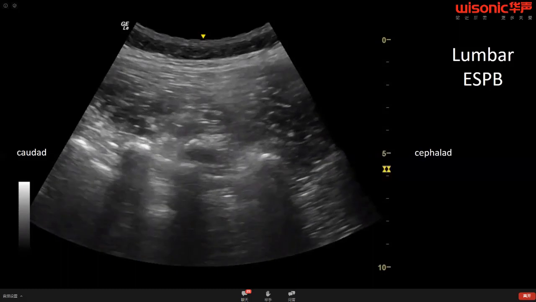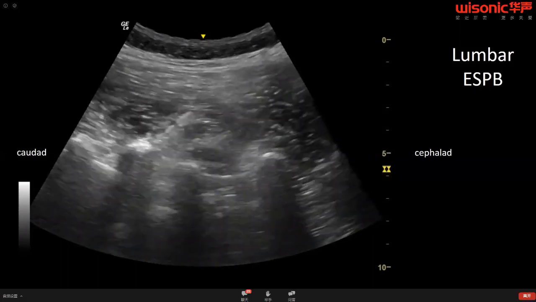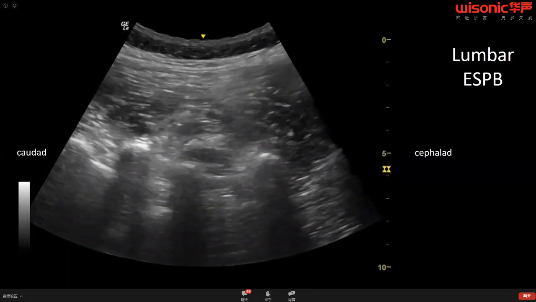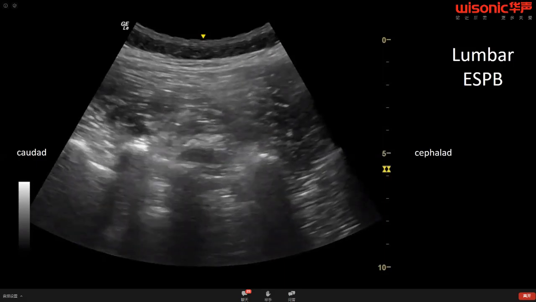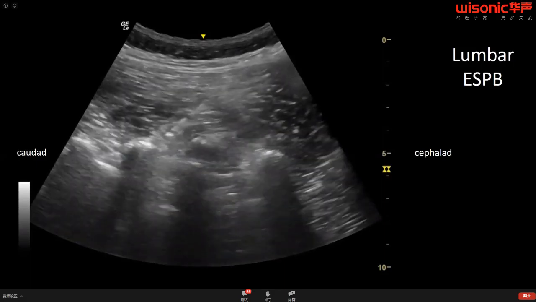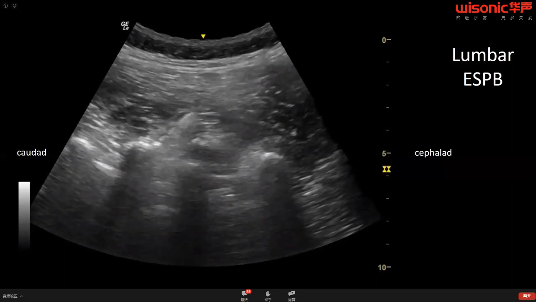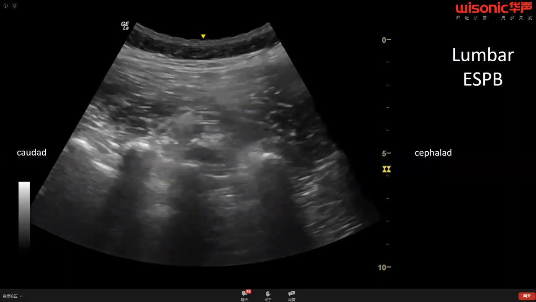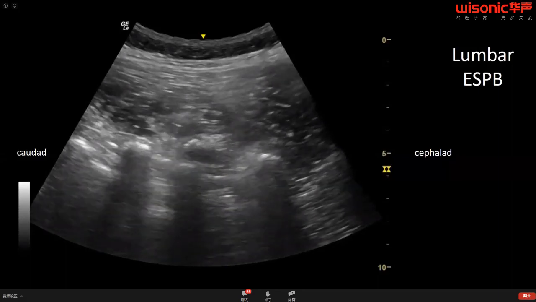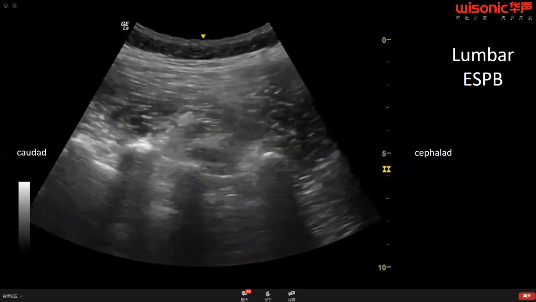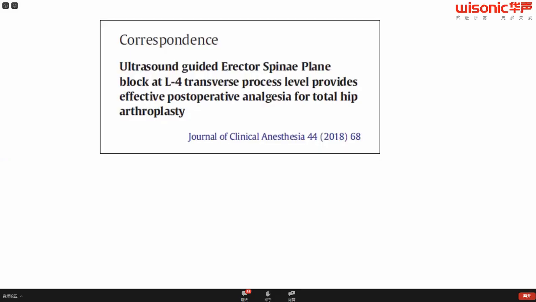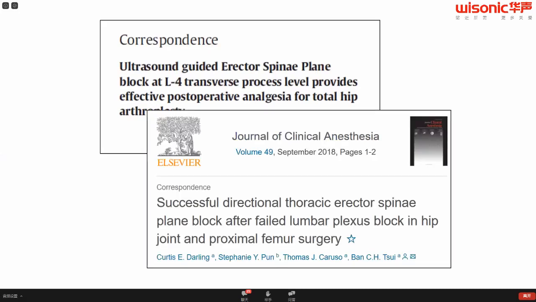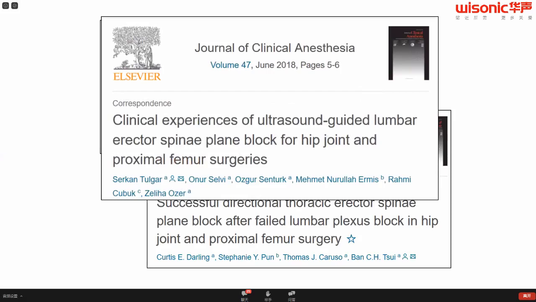You can see the tip of the needle is in contact with the transverse process, and then local anesthetic is injected. And it's not so clear, as you have seen in the thoracic area, that the erector spinae muscle is lifted up. There exist many case reports and case series of the use of the lumbar erector spinae plane block in patients undergoing hip surgery or proximal femur surgeries.